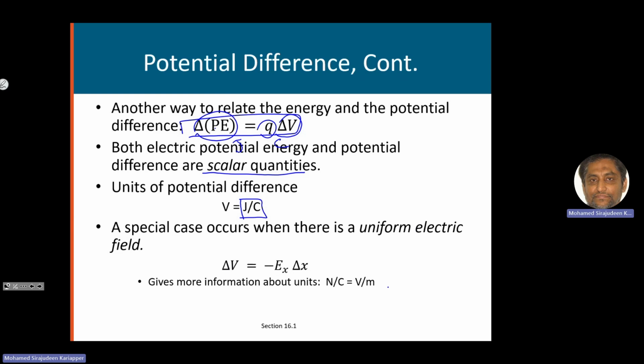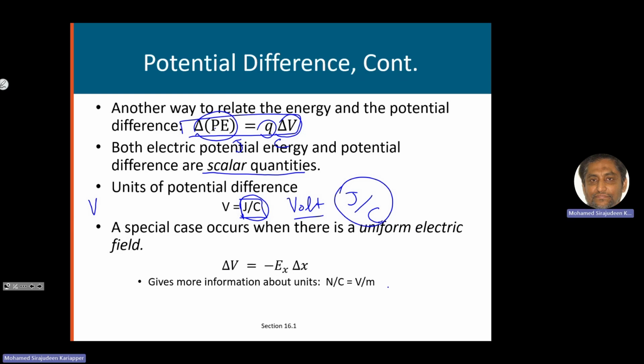But as often happens, instead of calling it joule per coulomb, we call it volt. The official name for joule per coulomb is volt. So the unit for potential is volt. Potential or potential difference is in volts. The symbol for potential is V, and the unit is also V.